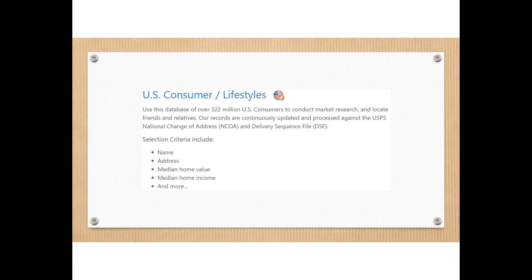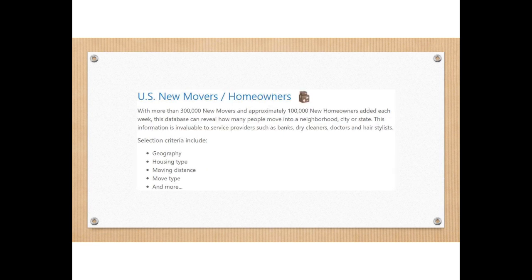I think this one has a lot of the more interesting filters on it. And then new movers, homeowners, so people who have moved into an area. So if you're looking for some information about somebody who's new to the area, moved recently, or purchased a home recently, that sort of thing, this is where to look for that.